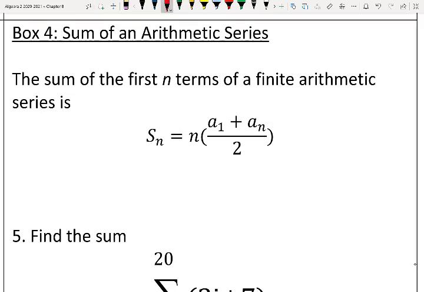So S sub n, this is the sum of n terms. In the case of number 5 that we're going to do for the example here, we're trying to find the sum of the first 20 terms of this sequence. N is, again, your upper limit, like in the formulas we saw in 8.1 day 2.